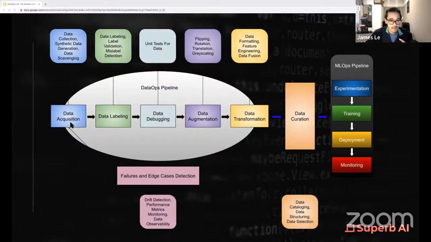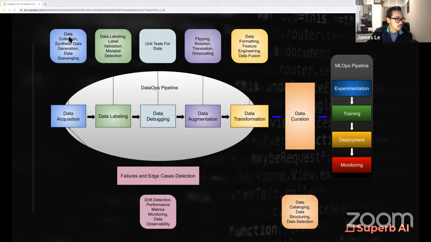The first phase is what I call data acquisition. That basically means you want to collect the data to use for your machine learning efforts. When you talk about data collection, you have to answer the question of where to collect the data, and how much to collect initially.